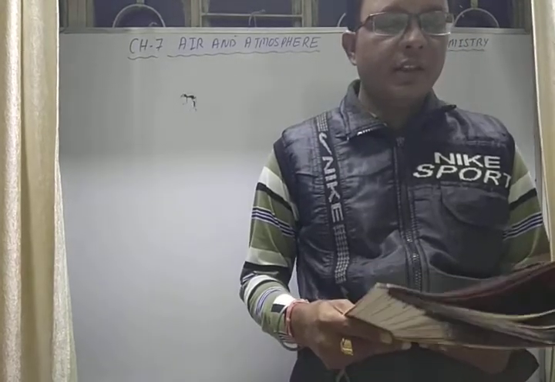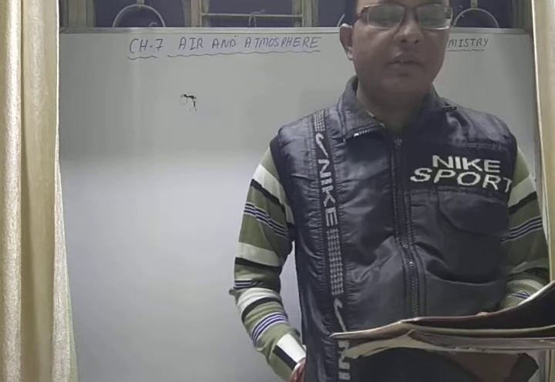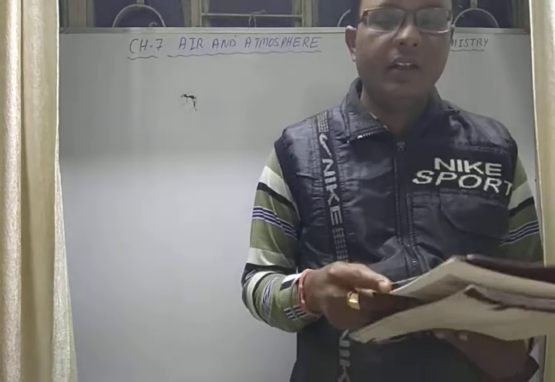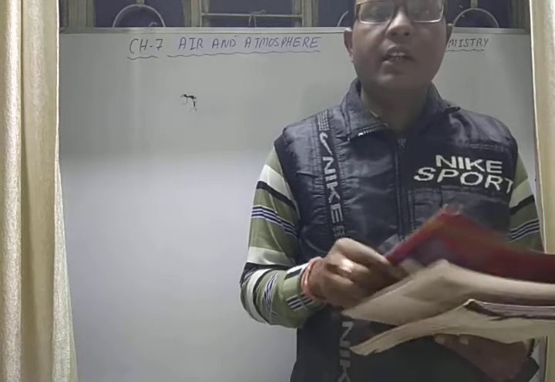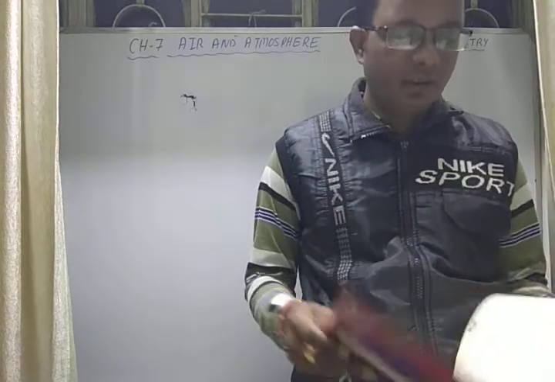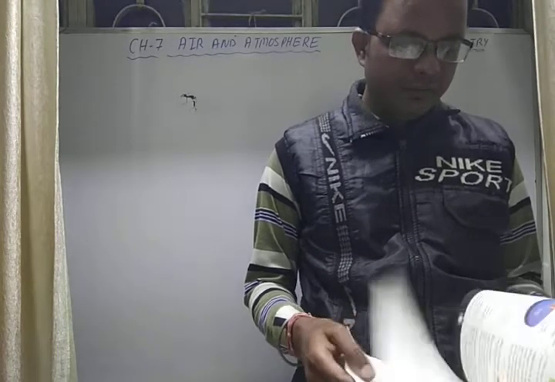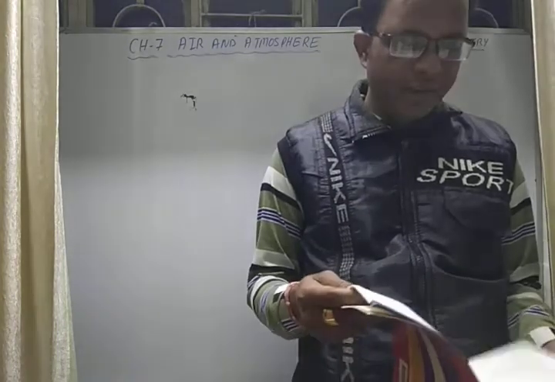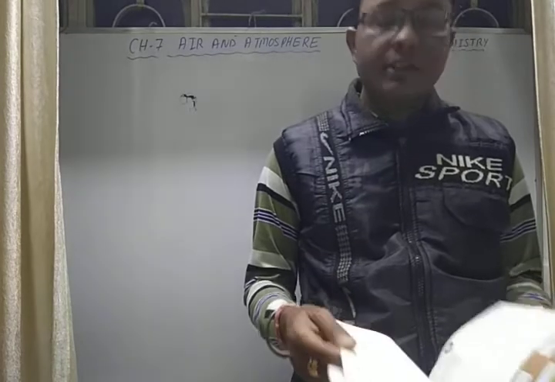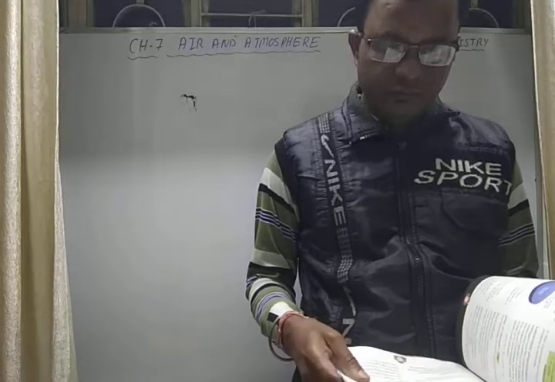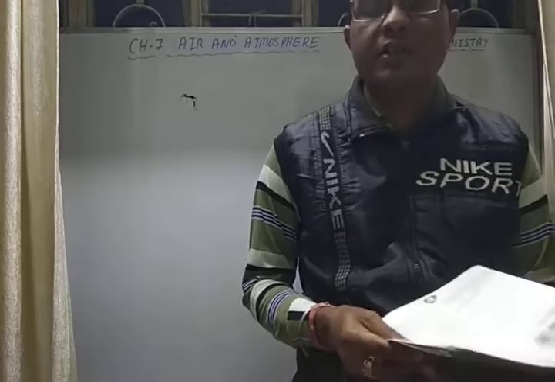First one is: explain the process of nitrogen fixation by the rhizobium bacteria. How does rhizobium bacteria fix atmospheric nitrogen and mix it into the soil? Very important here. This is done totally on the basis of a symbiotic relationship between the rhizobium bacteria and the leguminous plant.